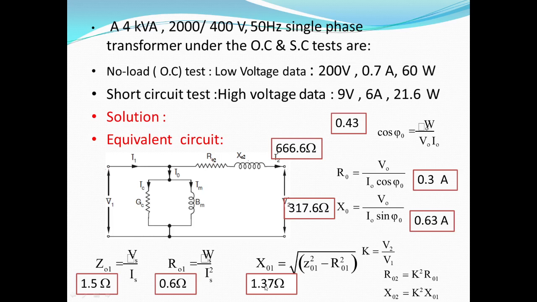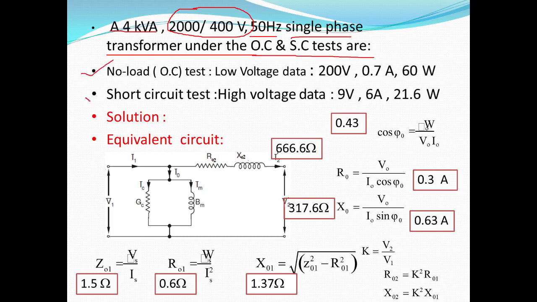Now let us perform a small example on this. We are given a 4 kVA rating transformer. This is the power rating. The voltage ratio is 2000 upon 400, 50 hertz, a single phase transformer under OC and SC test. The results are given as follows.